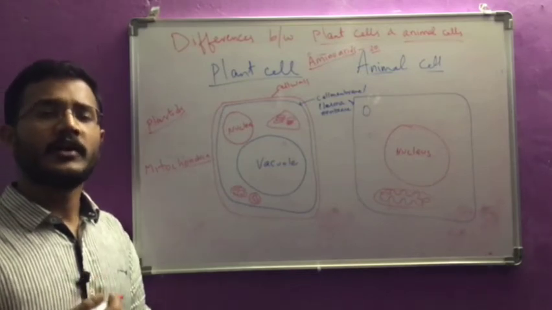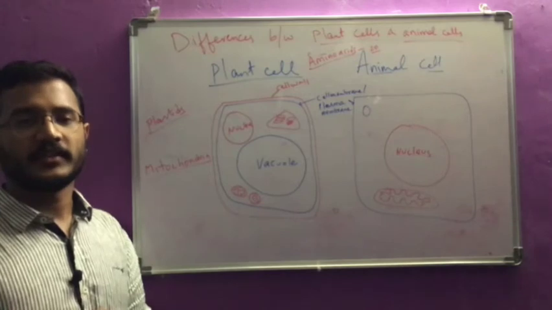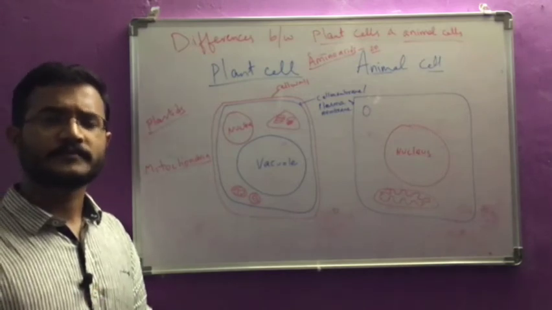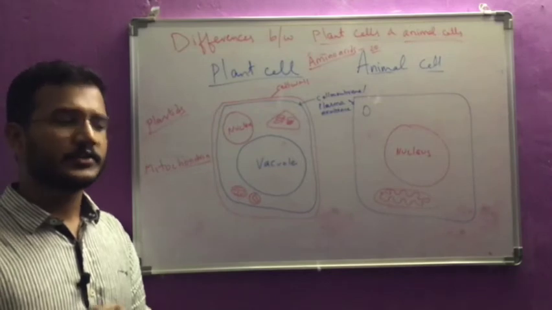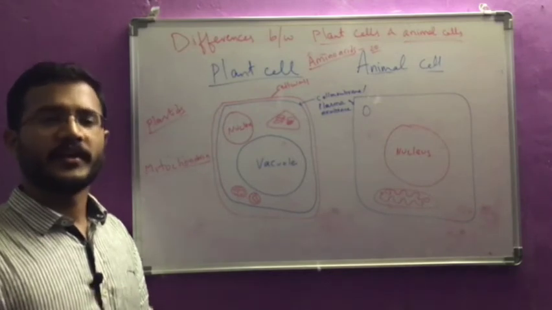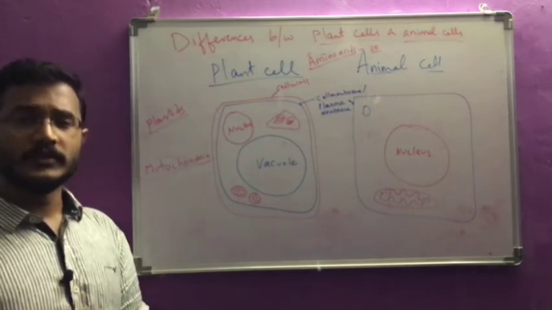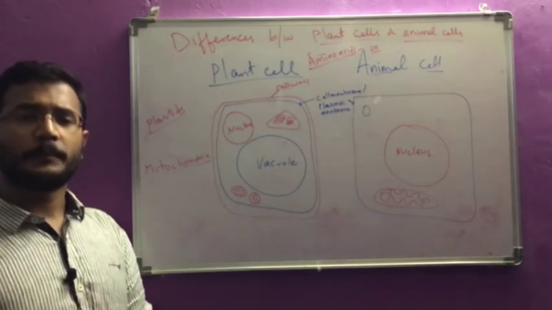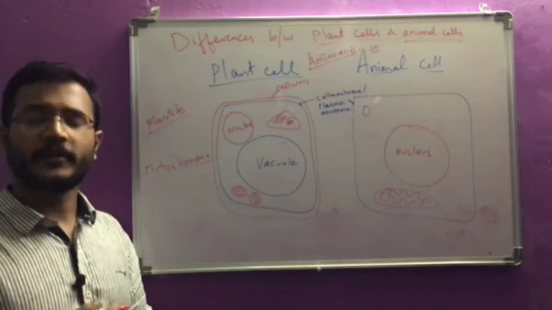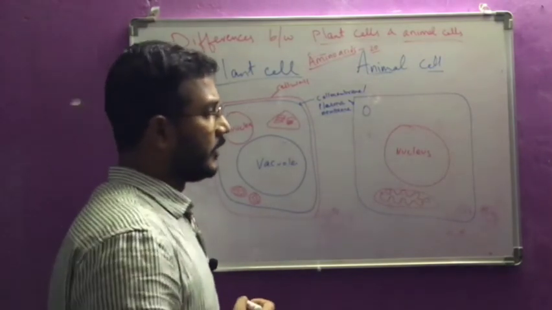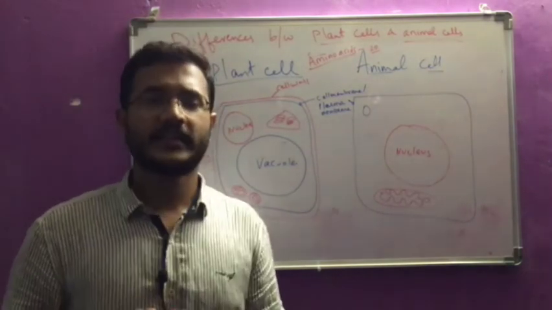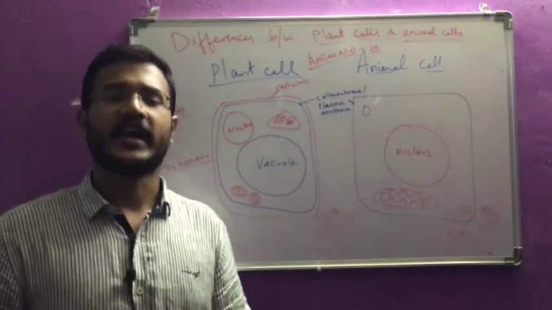That's why we depend upon plants for vitamins, like carrot, spinach, many leafy vegetables, and many vegetables that have vitamin A. Like that, we can find all the vitamins from plant sources. So animal cells cannot prepare vitamins. So these are the major differences between plant cells and animal cells.